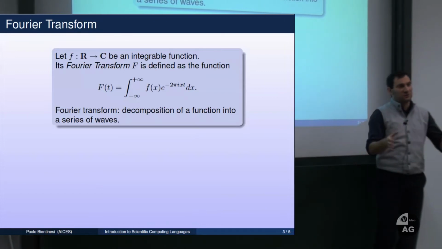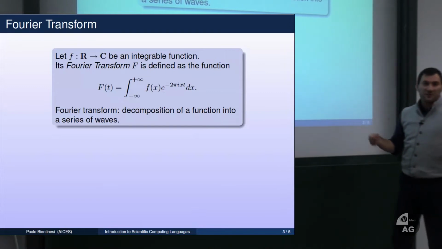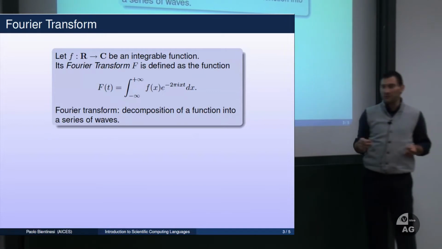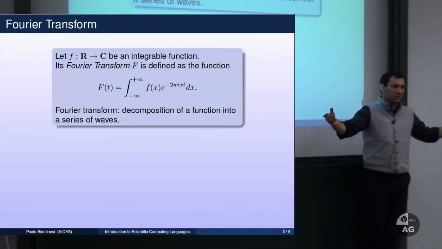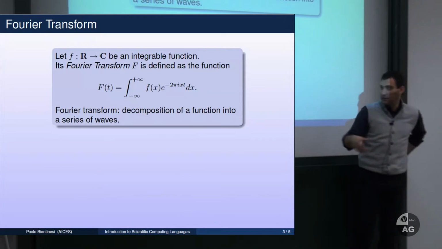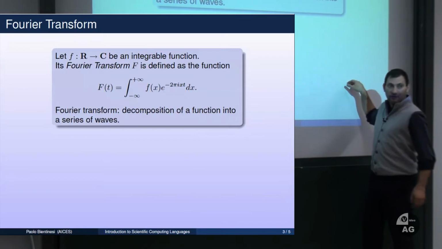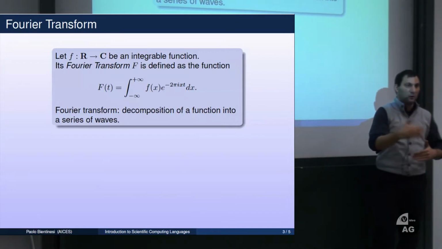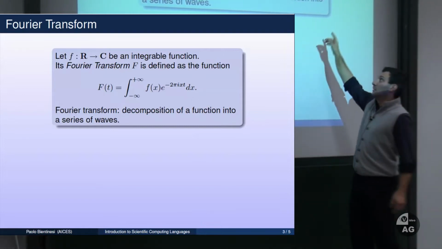And the wave functions that we consider as a base, they are fixed. So they are sines and cosines of different frequency. So what am I trying to do? I have a function and I want to represent it, instead of just f of x over the real axis, as an infinite sum of waves. That's what the Fourier transform does.